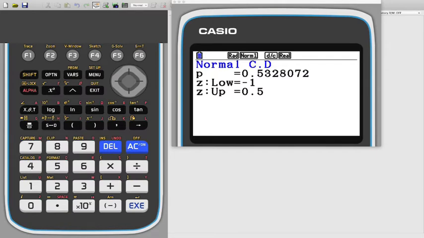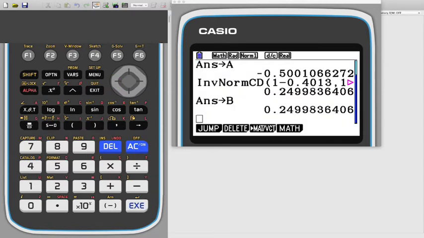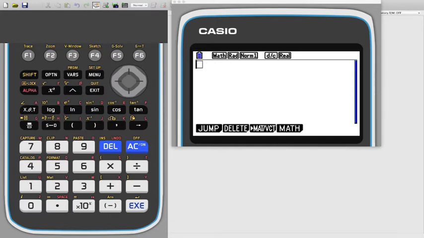The problem is we can't store it, so if we want to use it again, we go to the run menu. Let's delete everything so far, so we're starting from scratch. Press option, press F5 for statistics, F3 for distribution, F1 for normal. We need to put the lower value in first, so that will be 12.